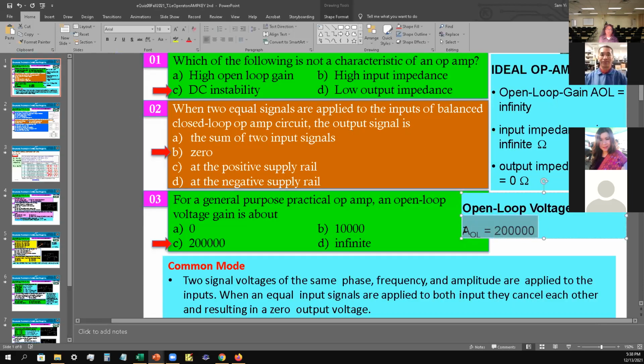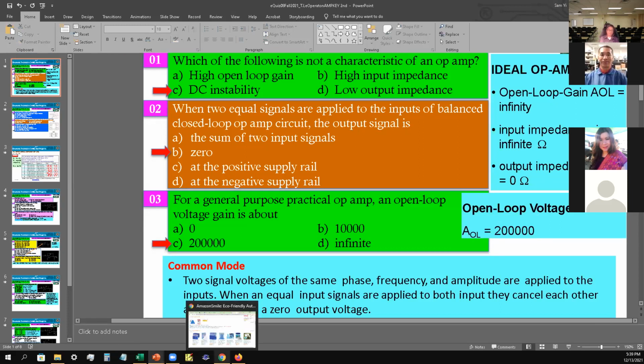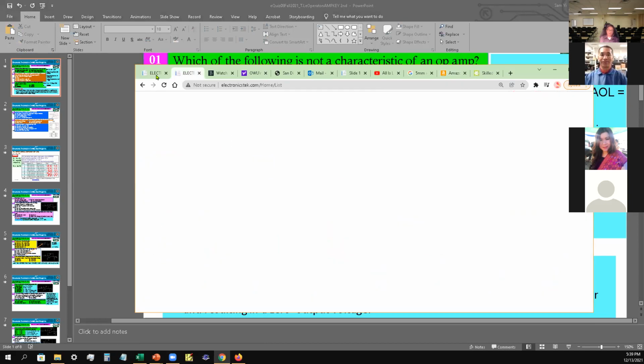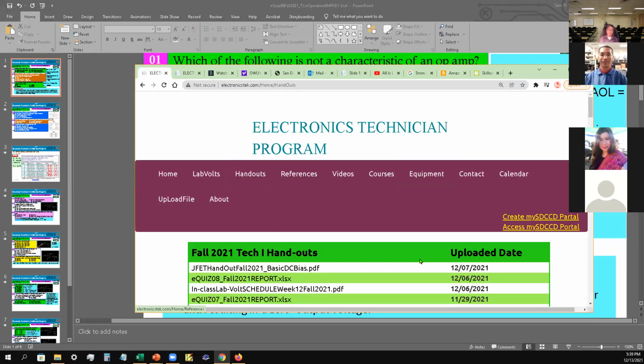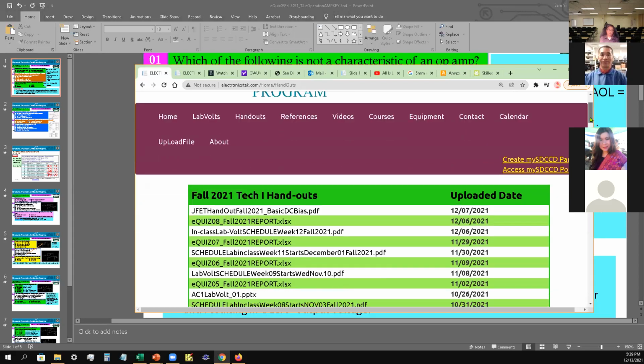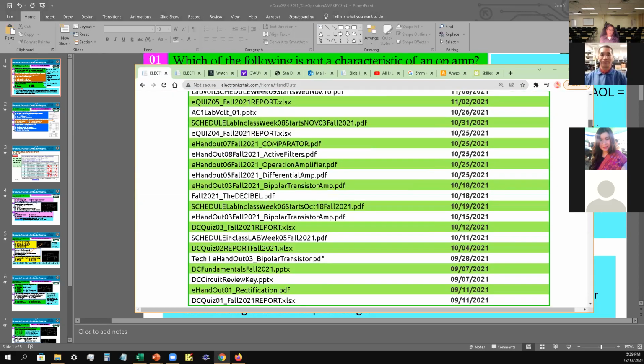Open loop gain in the op amp. For number 3? No, it's just referring to the basic op amp. Let me see, the basic op amp.